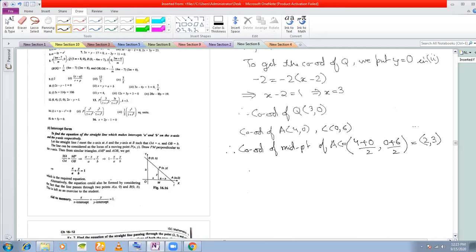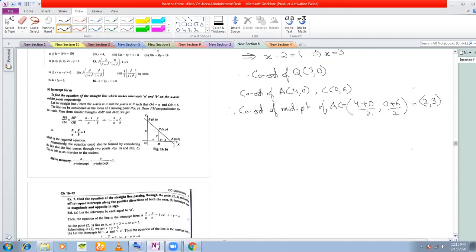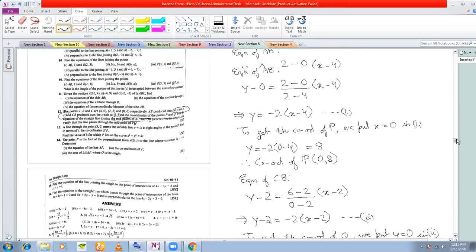Next, what was the next condition? Midpoints of AC and OB. So the coordinates of O is 0, 0, and the coordinates of B is 2, 2.